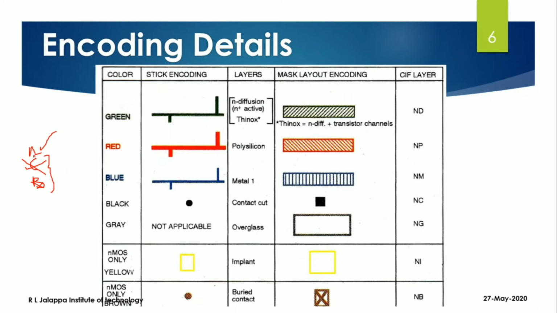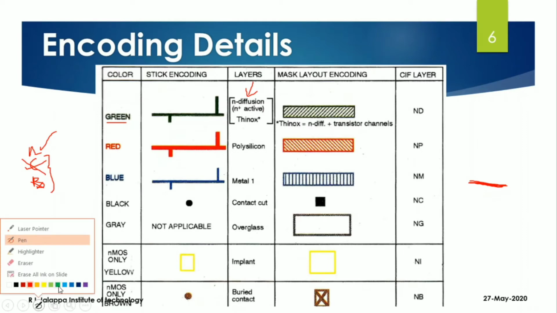In the NMOS technique, you have only N type of diffusion, right? Look at this. This is green, which is nothing but N diffusion. If you write a thick stick in green color, then you call it the N diffusion layer.